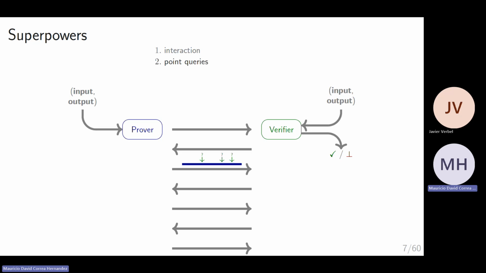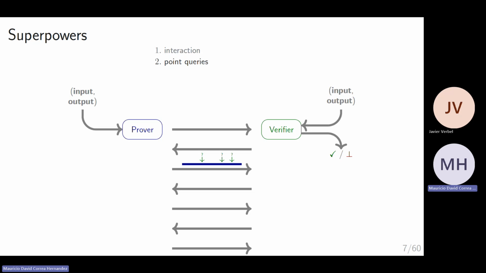The next superpower is point queries. So the prover is allowed to send very large strings of data, and the verifier gets to ignore most of it and say, I want the value in that point and that point. And as long as it's a small number of points, you get to count only the complexity of the number of points that the verifier is reading this long string of data in.